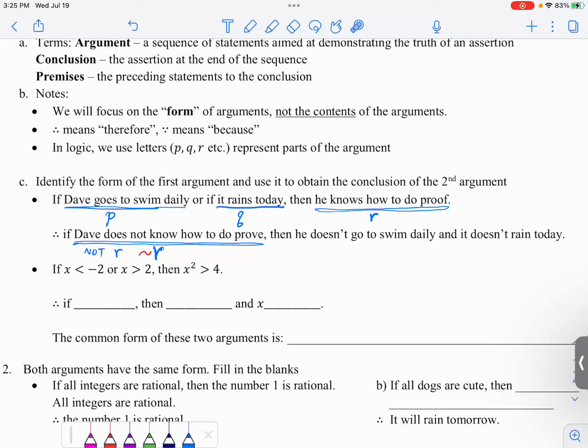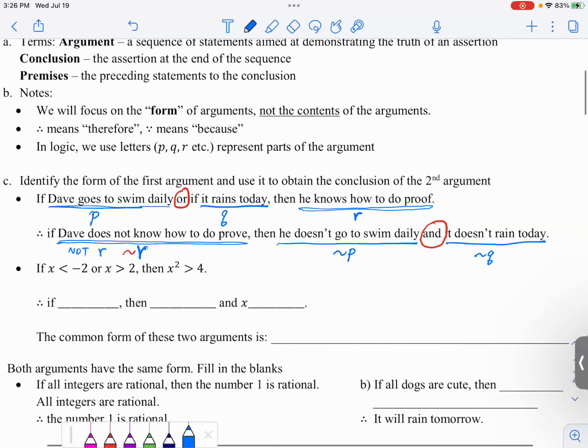Then he doesn't go to swim daily. If you look at this, doesn't go to swim daily, that's actually opposite of this guy, right? That means not P. So we're going to use not P. And there's an and. And it doesn't rain today because we already defined it rains today as Q. So it doesn't rain today. That will be not Q.